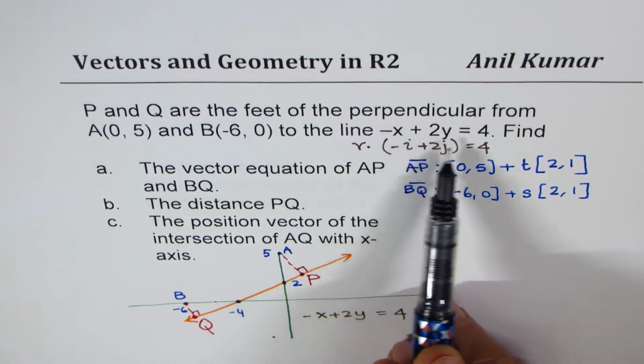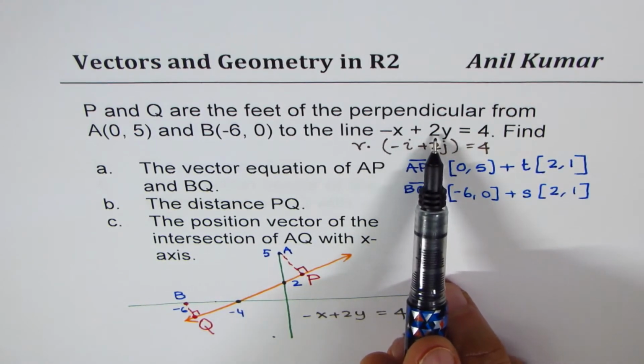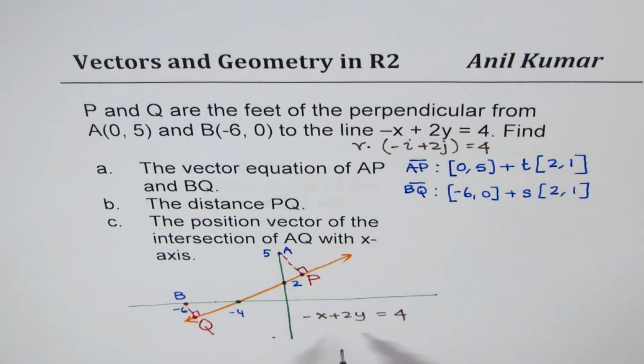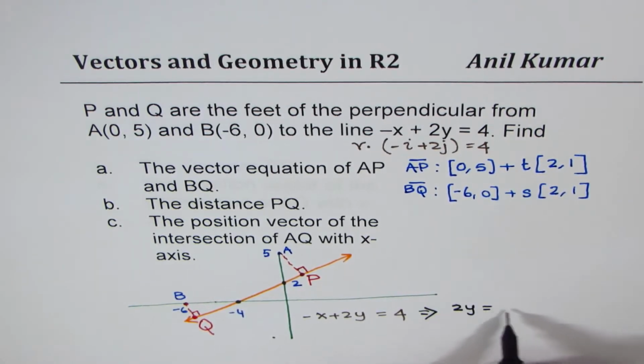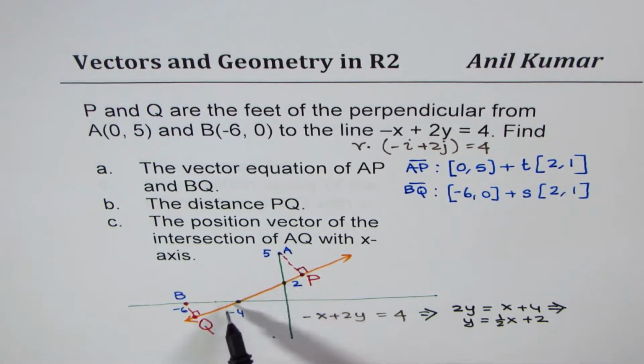For my students who do not understand vectors, I will write the standard equation. The slope of this line, if you reorganize, is half. Let me change this line to 2y = x + 4, which can be written as y = (1/2)x + 2. The y-intercept is 2 and the slope is a half.